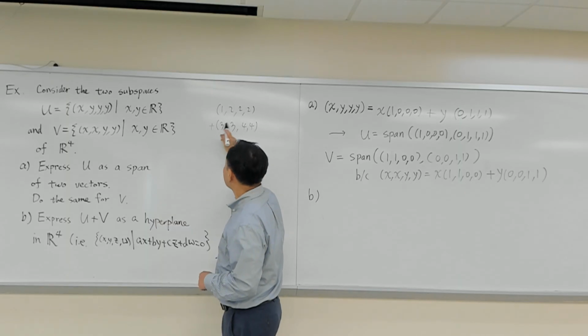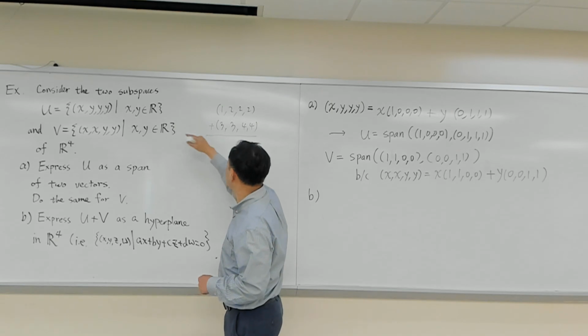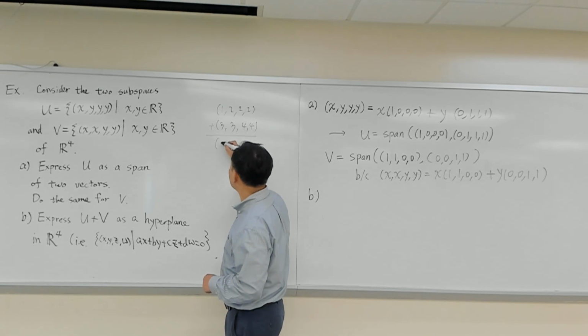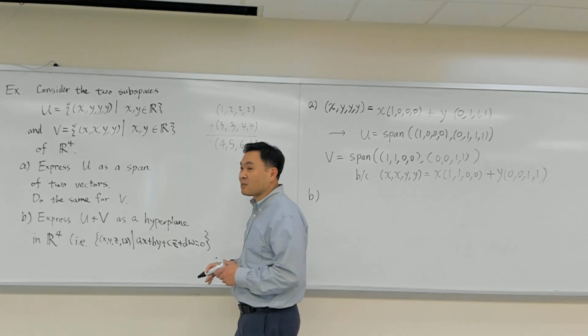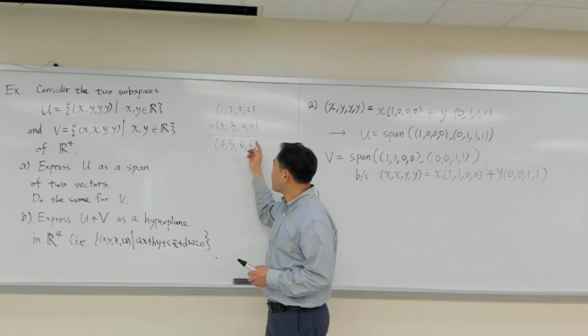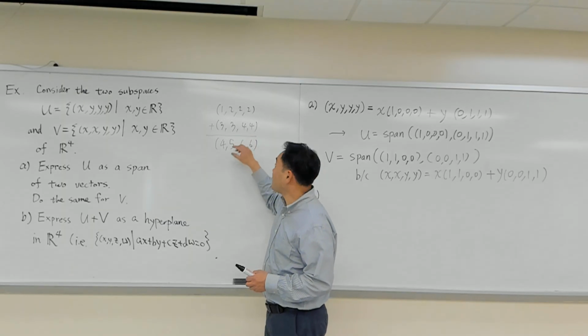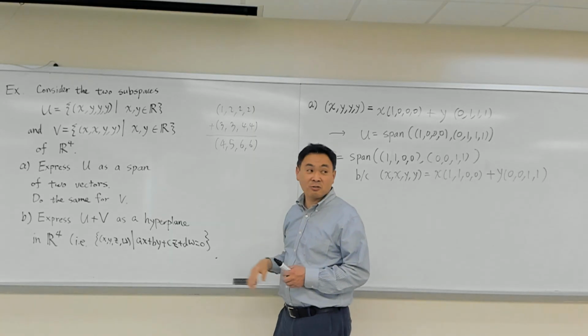If you collect every vector that's a sum of something from here and something from there, how would it look? This is how it looks, right? Is there a common feature of all the vectors made by adding these kinds of vectors? Do you see a common feature here?